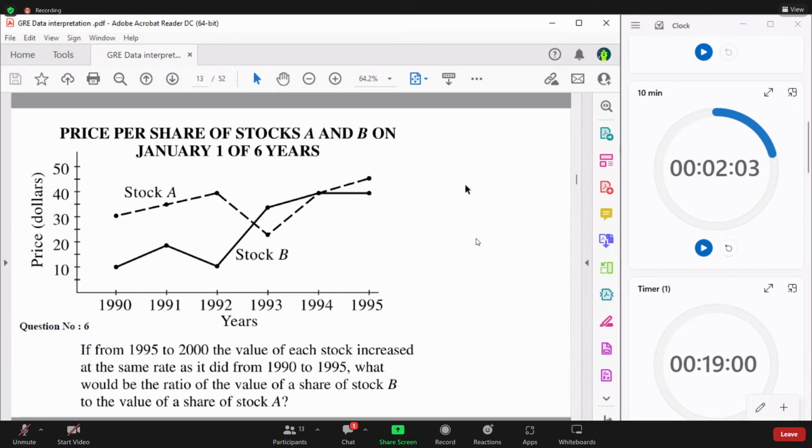So the same $3 per year will continue over the next 5 years, and stock A will rise from $45 in 1995 to 45 plus 15, that is $60 in 2000. The rate of growth of stock B is $6 per year from this graph, and it will rise from $40 in 1995 to $40 plus 30, that is $70 in 2000. So it'll be 70 by 60, 7:6.